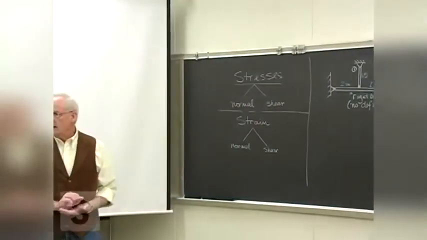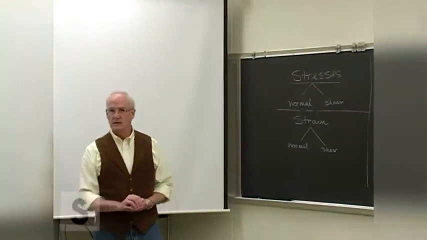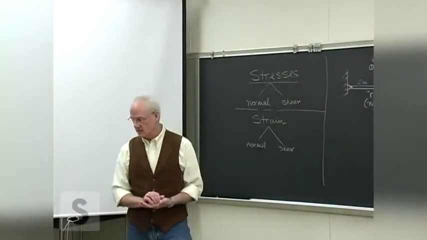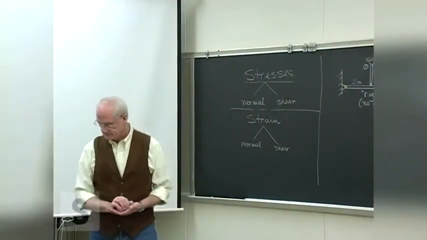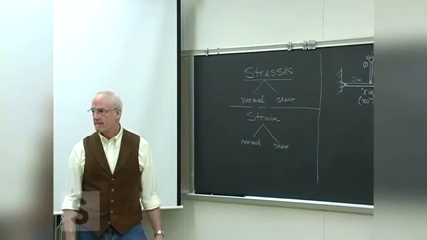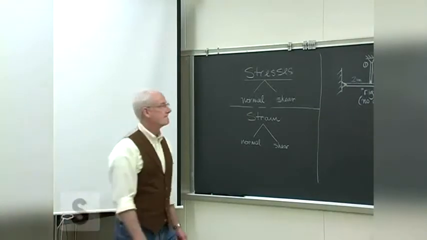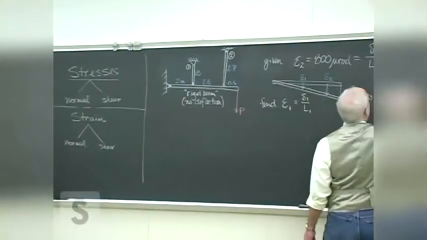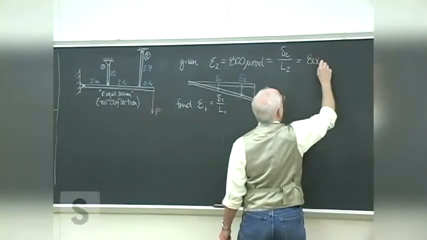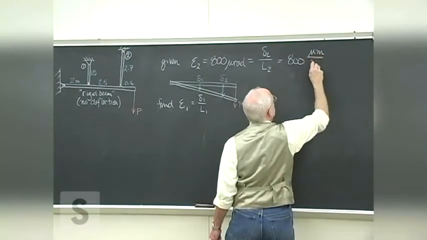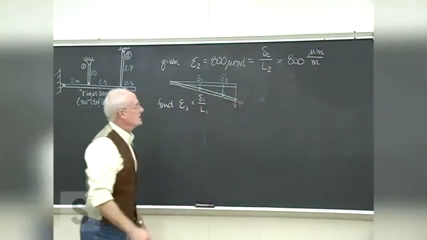Even though with strain the units do cancel, you still have to get the relative size of these numbers correct. So this is a deflection of 800 micrometers per meter of original length.